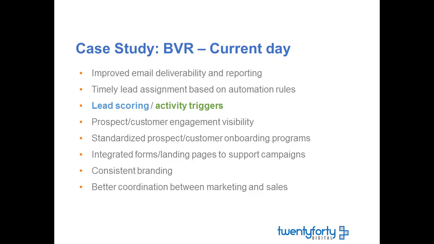And then also, the marketing automation platform allows us to provide consistent branding across marketing and sales. And last but not least, this is a huge key point, we see far better collaboration between our sales and marketing team. We're working together towards the same goals. As I mentioned earlier, we're looking at the same reports.